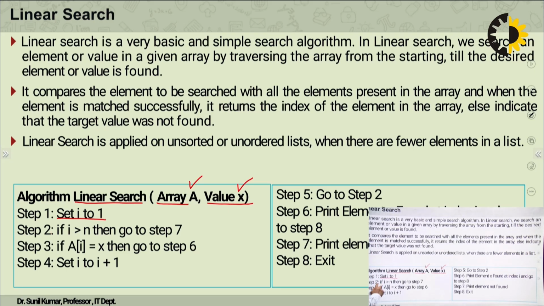Step 2, if I is greater than n, where n is the number of elements in the given array, then in that case, go to step 7. What is step 7? That is print element not found.